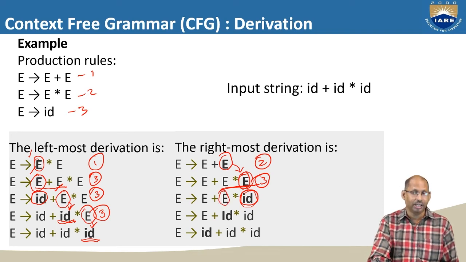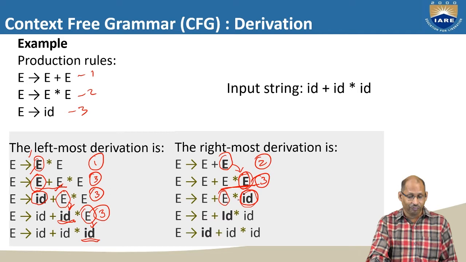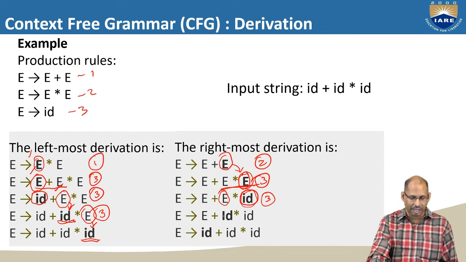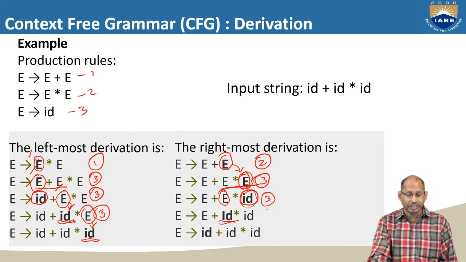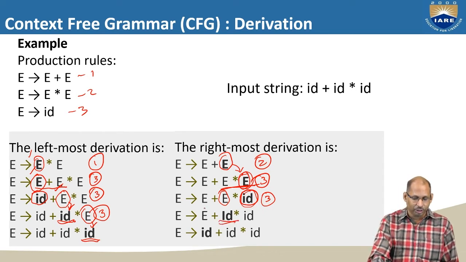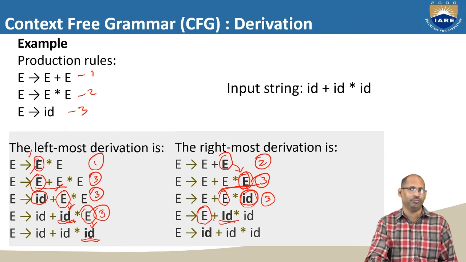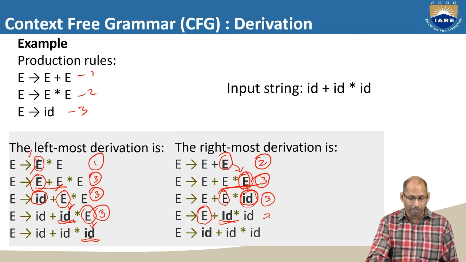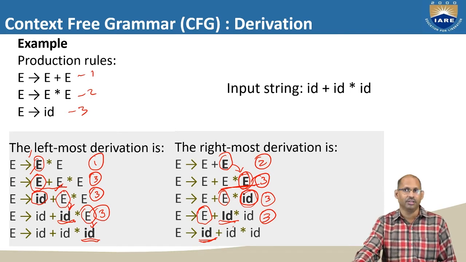This one will be the right hand variable, and we use the third production to replace that E variable with the ID, right? Once again, what is the right hand variable? This is the right hand variable. Then we use production number 3 to replace E with ID.